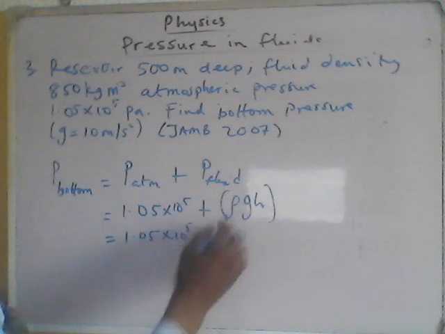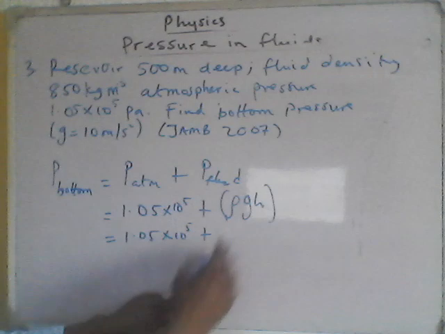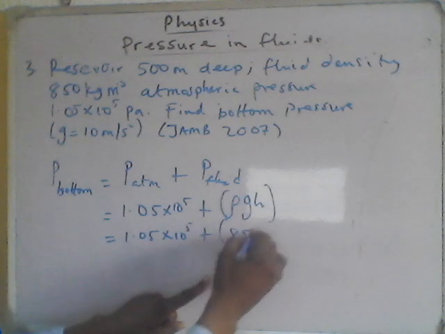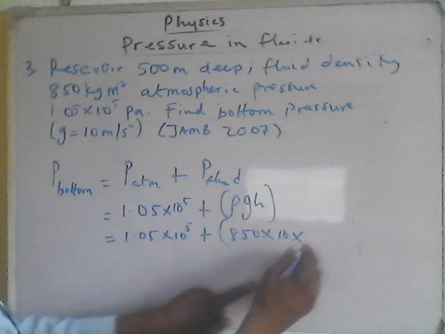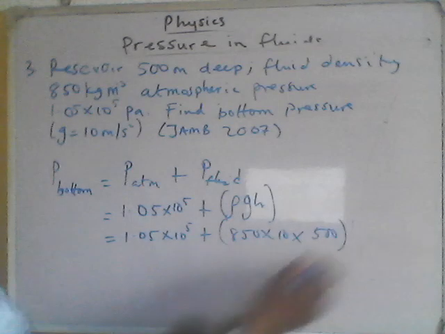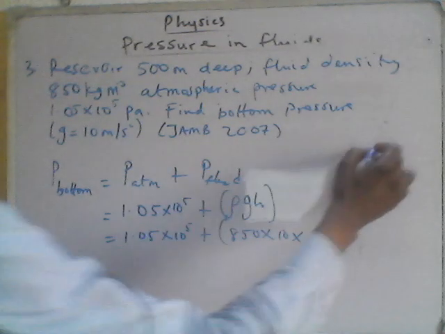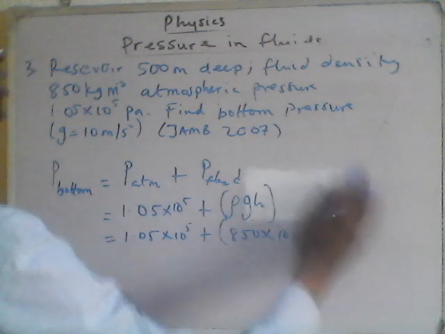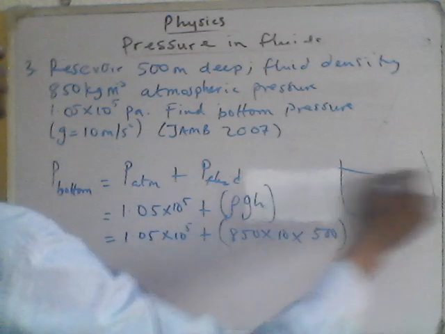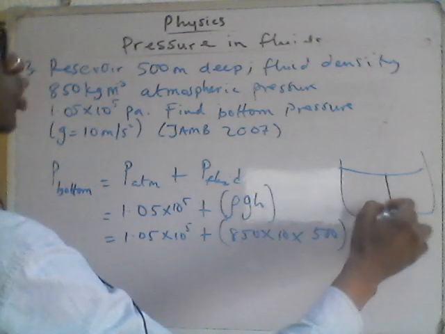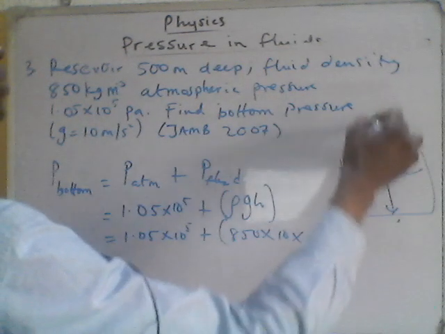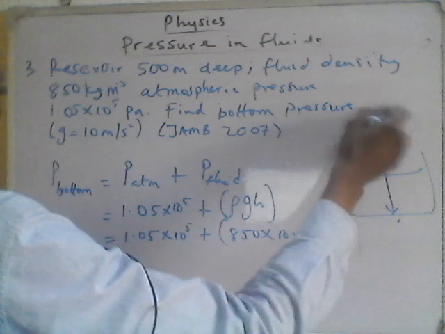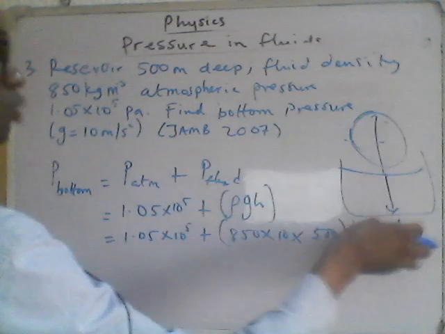Okay, density for that fluid is 850. Gravity is 10. Height is 500. Consider this as pressure due to two things. You have the reservoir like this, and this is the fluid. So this fluid has that pressure at the bottom. Also, atmospheric pressure is up. So pressure of the atmosphere plus this one will give you pressure at the bottom.